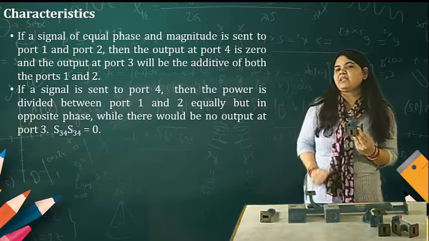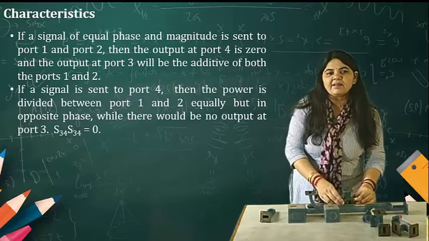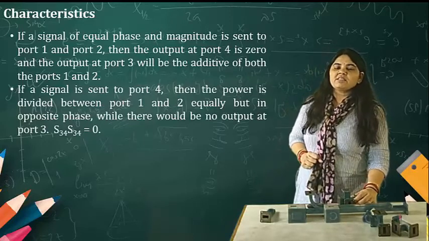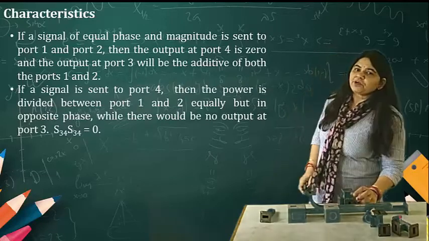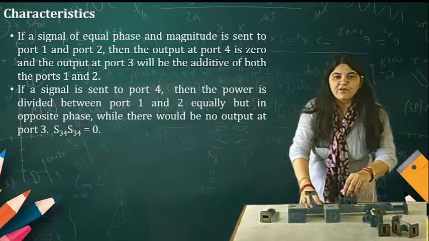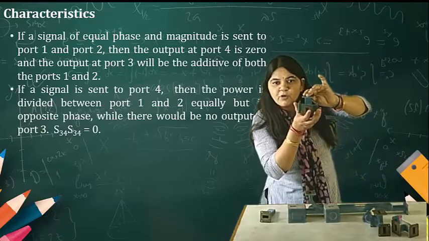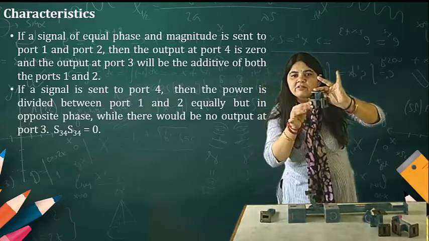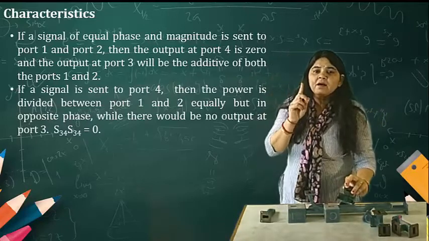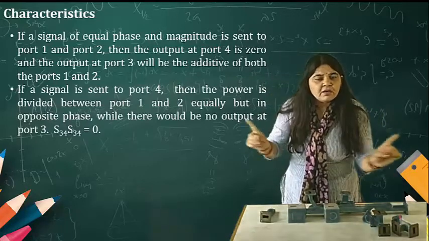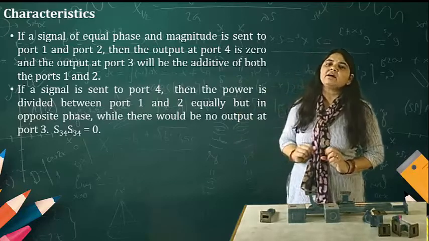So you can write the S parameter value for that: S34 is equal to 0, when you apply the input at port number 4. If you apply the input from port number 4, you don't have any output at port number 3. When you apply the input from the E arm, there is no output at the H arm. If you apply the input at the H arm, there is no output at the E arm.